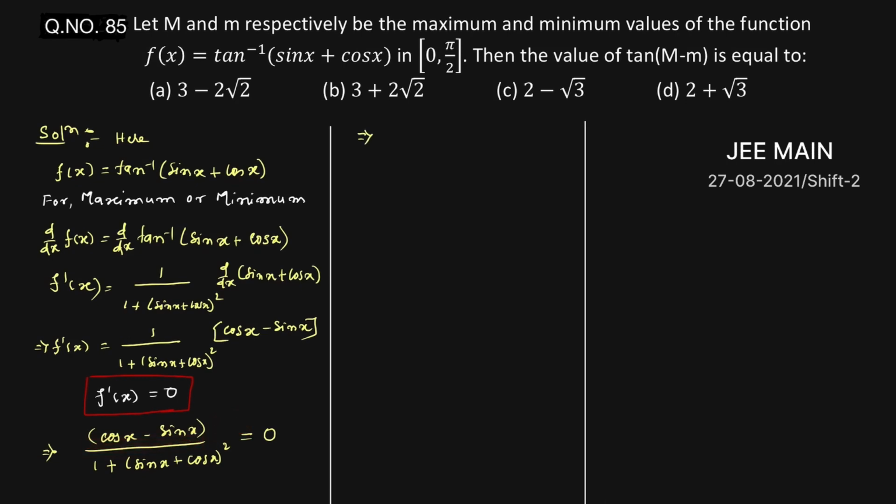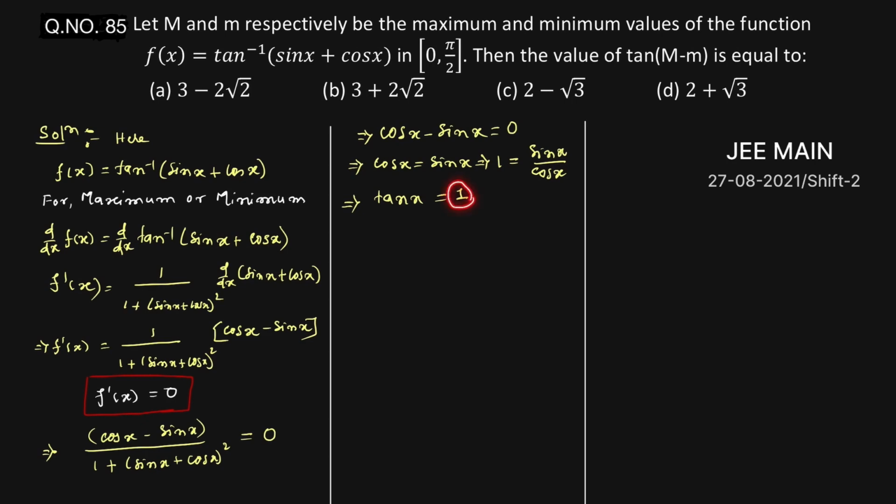So this implies cos x minus sin x equal to 0. So we are able to write cos x equal to sin x. This implies 1 equals sin x by cos x, and sin x by cos x we write as tan x, which is equal to 1.